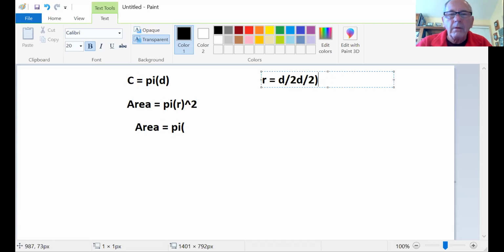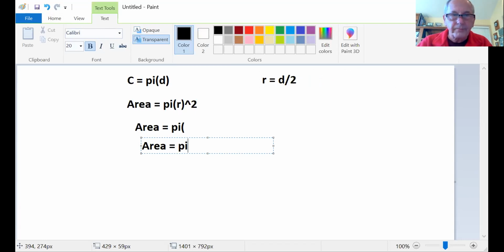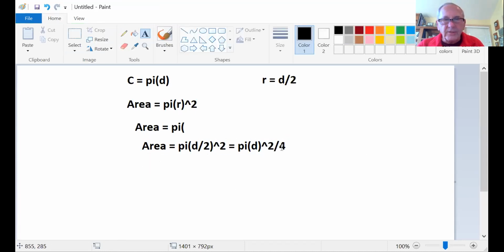I don't want to put it there, I want to put it down here. So area is equal to pi times d over 2, and I'm going to square it, so it looks like this. Well, this is equal to pi times d squared, all divided by 4. So you'll see this in some equations. You'll see it looks like that. It's the same thing.